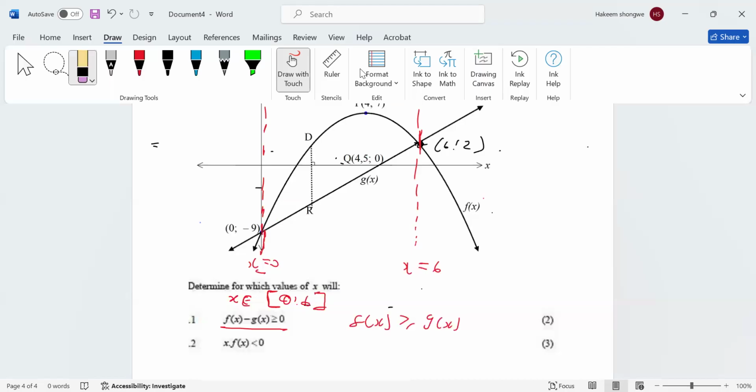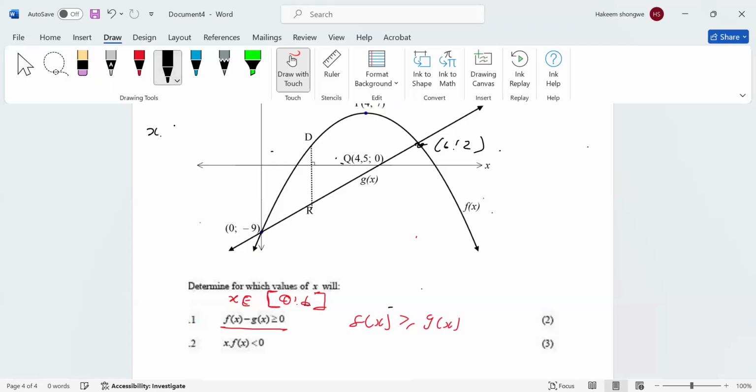Let's do the last one. x multiplied by f of x less than 0. We are going to look at the x-axis.